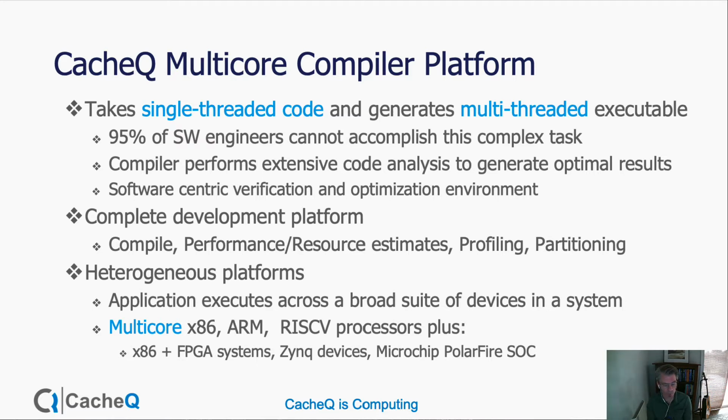We also support multiple ARM cores, multiple RISC-V processors in the same system, as well as extending even further and more advanced heterogeneous systems, such as systems that include an x86 processor with an FPGA attached to it via PCI Express bus, or an ARM bus like the Zynq devices, or Microchip PolarFire SoC.